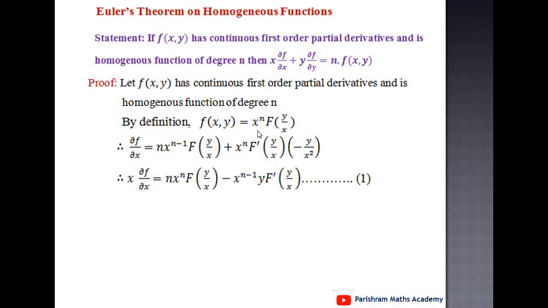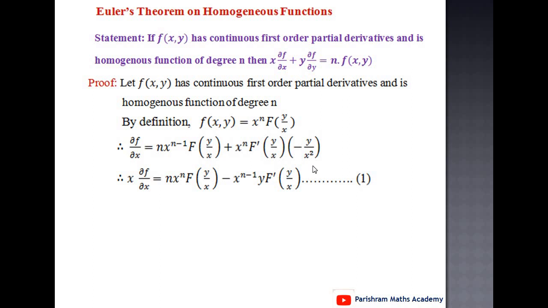Apply the product formula. First you can take F of (y upon x) as constant, the derivative of x raised to n is n into x raised to n minus 1, plus x raised to n as constant, the derivative of F of (y upon x) is F dash of (y upon x) into the derivative of y upon x, in which y is constant, the derivative of 1 upon x is minus 1 upon x square, it means the derivative of y upon x is minus y upon x square.